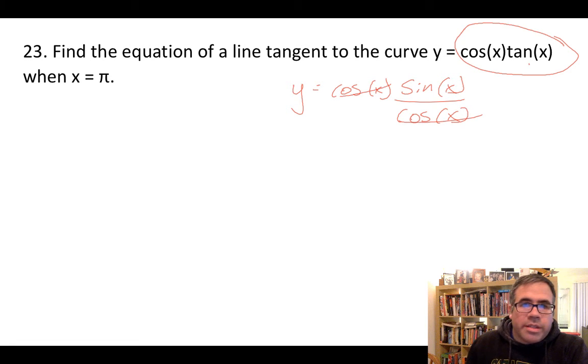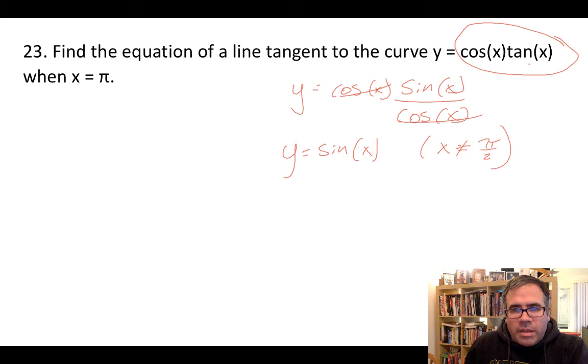This function is equivalent to y equals sine of x, as long as x is not equal to one of the multiples of pi over 2. Right?